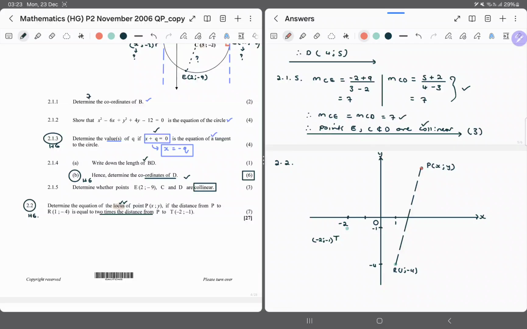That is the one. Okay. We are told that this distance from P to R is equal to 2 times the distance from P to T.